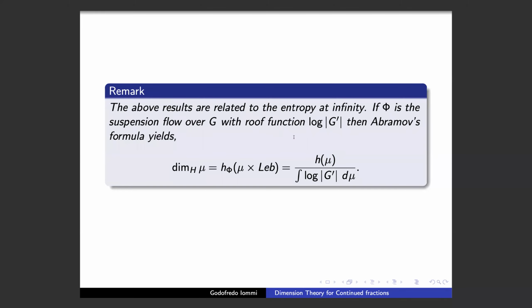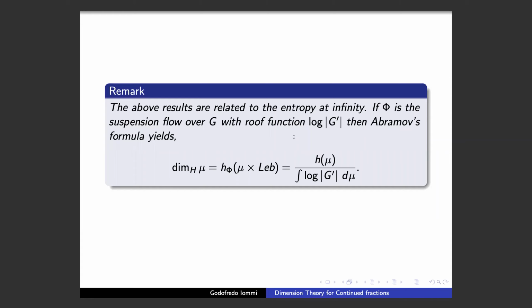So what I'm saying is that if you're studying Hausdorff dimension questions for the map, it's very much related to studying entropy questions for an associated suspension flow. So when you talk about entropy at infinity for the flow, you might be talking about Hausdorff dimension at infinity for the map.